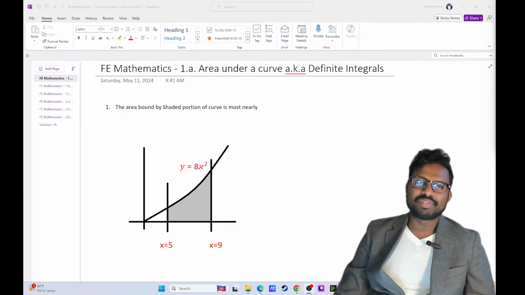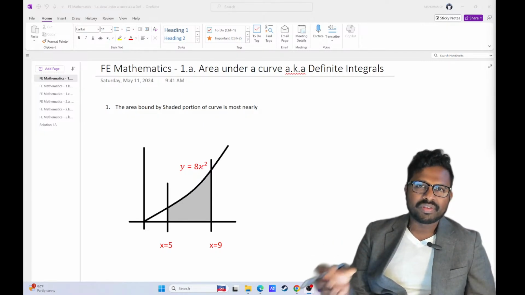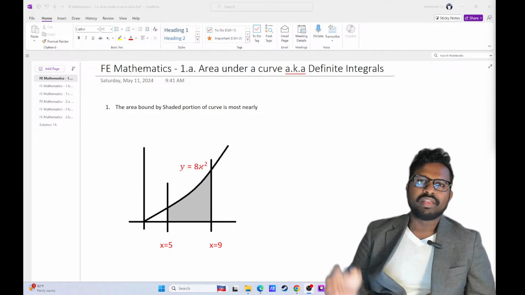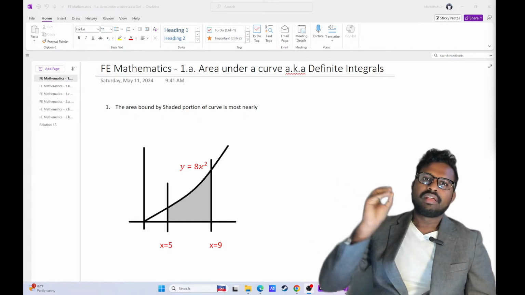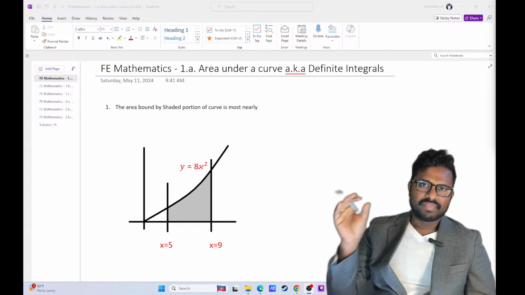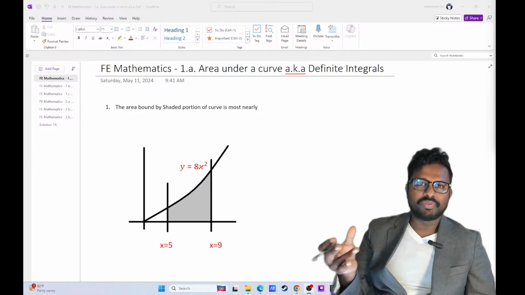Usually the best and simplest way to solve a problem of type area under curve is to simply solve for the indefinite integral of the curve equation y. For example, area under curve A is equal to integral of x is equal to 5 to 9 of y dx. Instead of y, you can substitute 8x square.